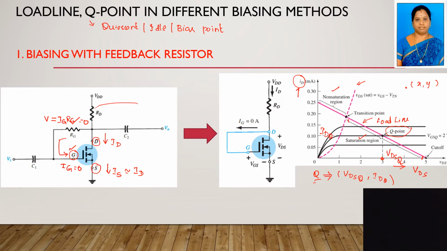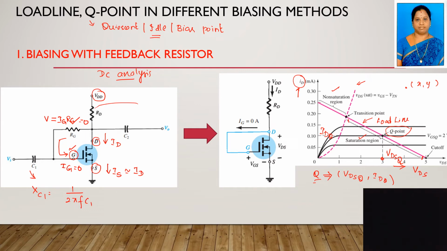Why is it called the idle point? For DC analysis, we are analyzing only with respect to DC voltage. For any DC analysis we have to open circuit the capacitor, because the reactance of C1, XC1, equals 1 by 2 pi f C1.